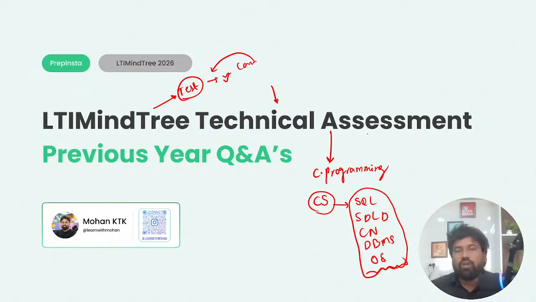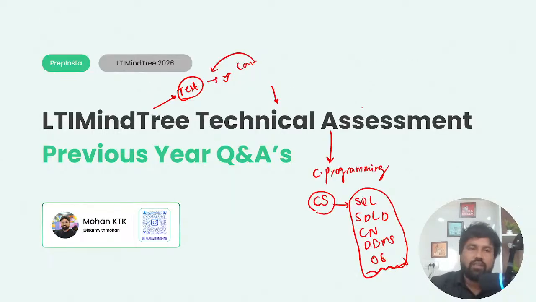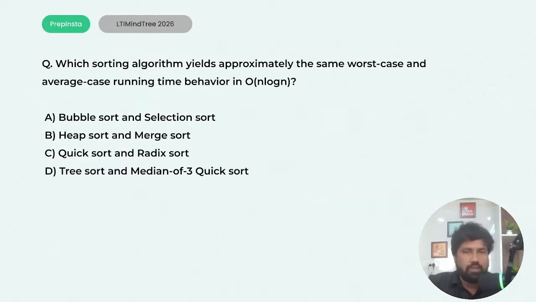So without any further delay, let's get started. Again, I'm telling you guys, this is all about MCQ based questions, and if you know the theory, you can know the answer. If you don't know the theory, you can't answer. Simple. So, theory is very important.